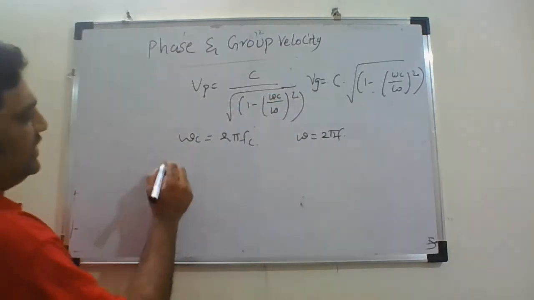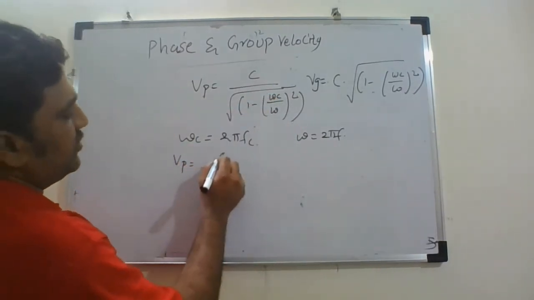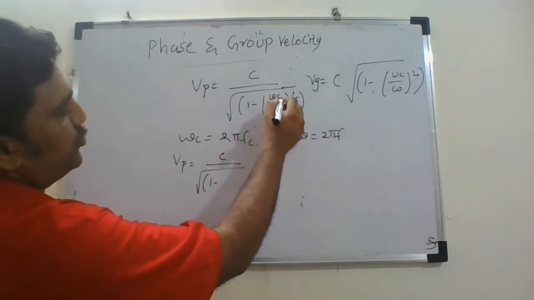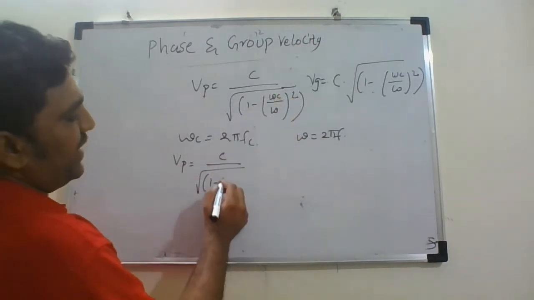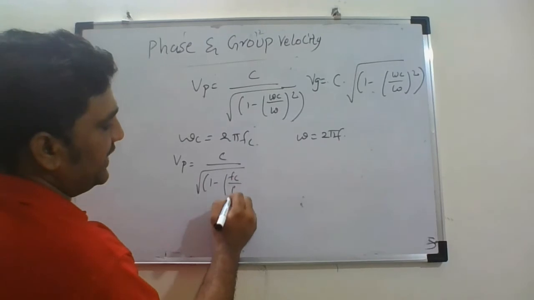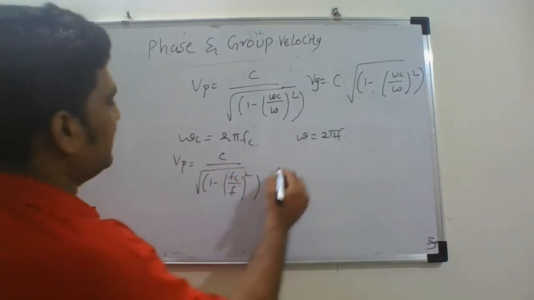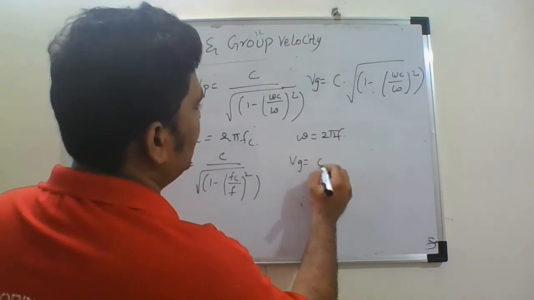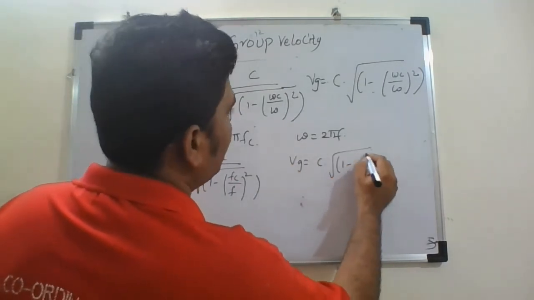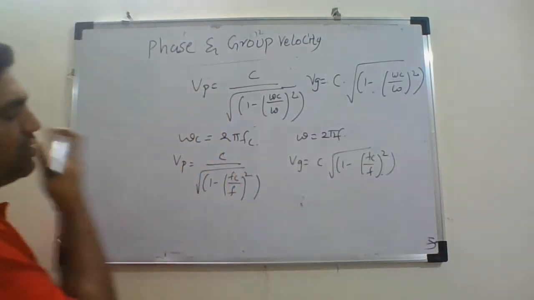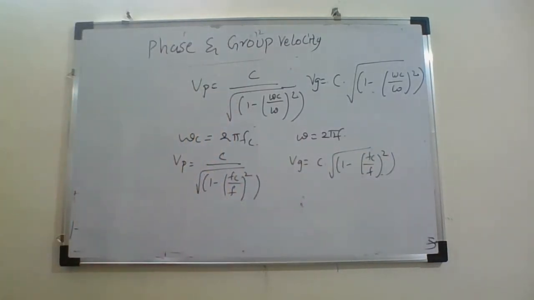Substituting that, I get Vp equal to c by root of 1 minus (2 pi fc by 2 pi f) whole square. The 2 pi gets cancelled, so I can simply write it as (fc by f) whole square. Similarly, Vg is equal to c into root of 1 minus (fc by f) whole square. So in terms of frequencies, I get it like this.